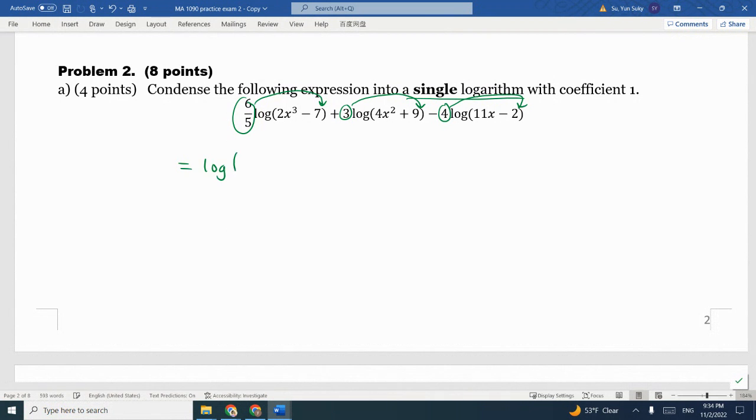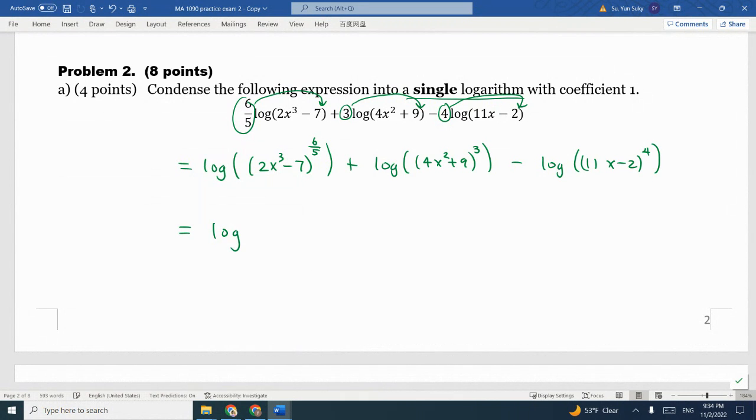So this is log (2x cubed minus 7) to the 6 over 5, plus log (4x squared plus 9) to the cube, minus log (11x minus 2) to the 4th. So move all the coefficients up on the exponents and then combine them. Okay, combine into a single log.